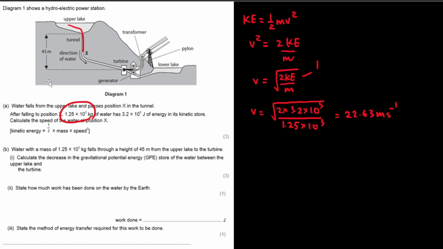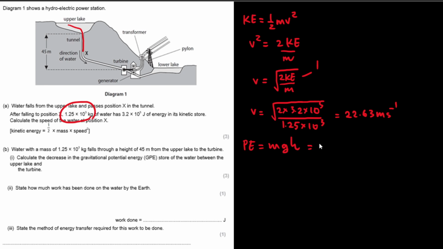Alright, so question B: water with the same mass is going to fall through 45 meters from the upper lake to the turbine. So the height is 45 meters. They ask you to calculate the decrease in potential energy between the upper lake and turbine. Fairly simple. Potential energy is equal to mgh.